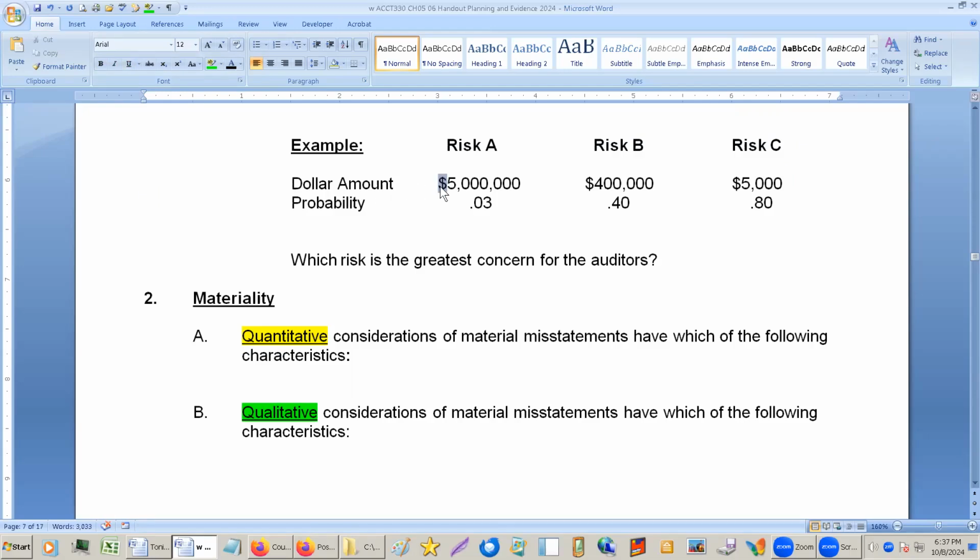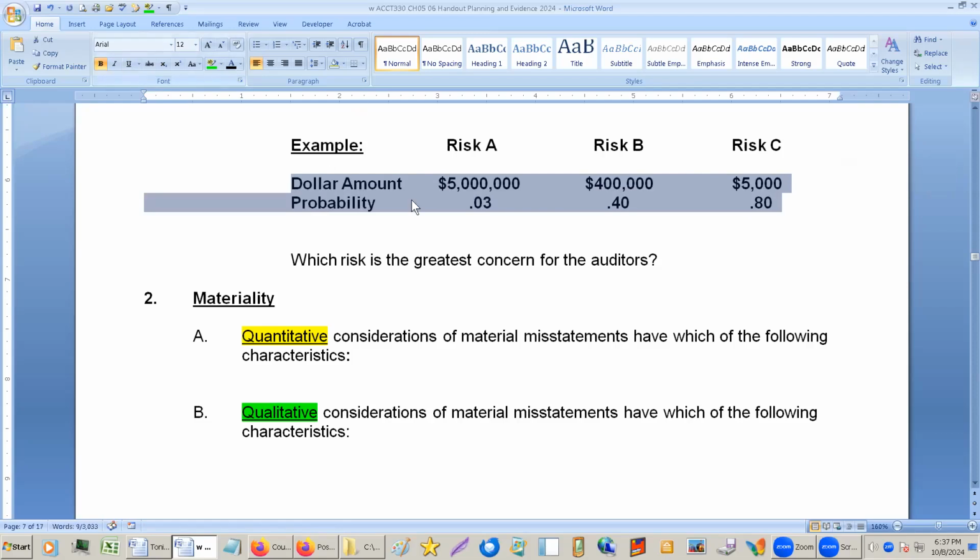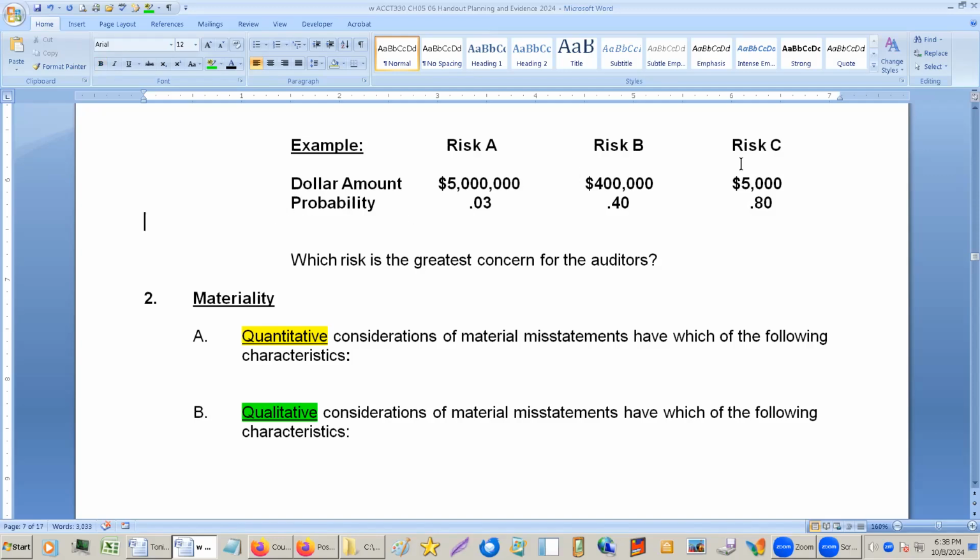Risk A is obviously the biggest one. Risk B is still up there. Risk C is pretty low. But then we have these probabilities. So what you want to do when you're doing auditing is you will actually multiply these out.